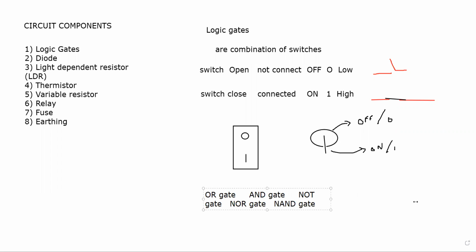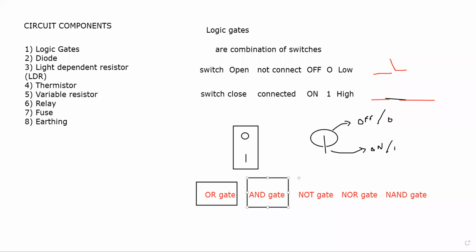So these are the five gates which are part of your syllabus: OR, AND, NOT, NOR, and NAND gate.